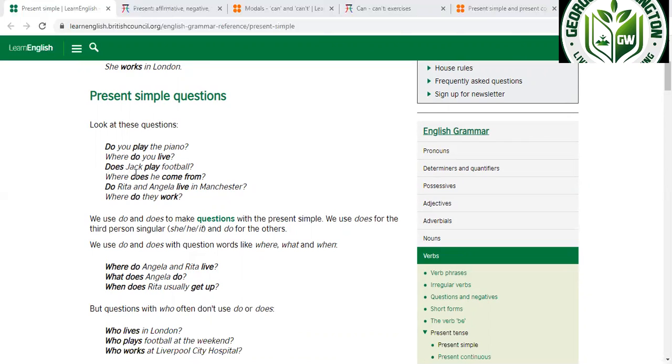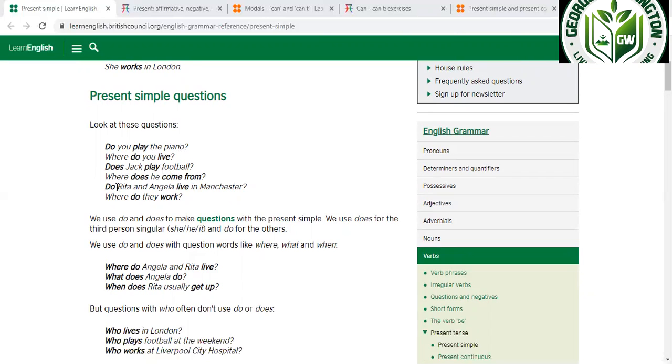Okay, question mark. In the case of the third person, I don't use do, I use does. Does Jack play football? Why is the verb play without the S? Because here in my auxiliary verb, the S is added, so I don't need to use it in my verb. I just leave it in the base form. Does Jack play football?